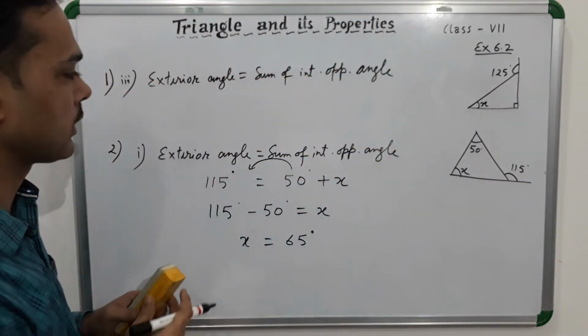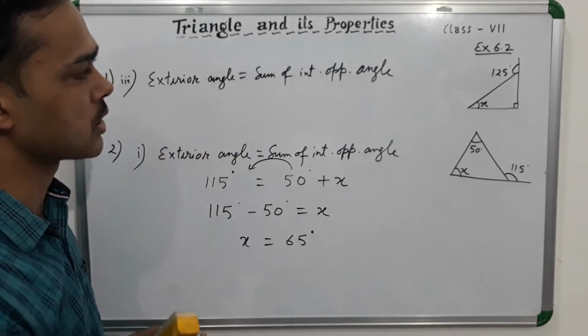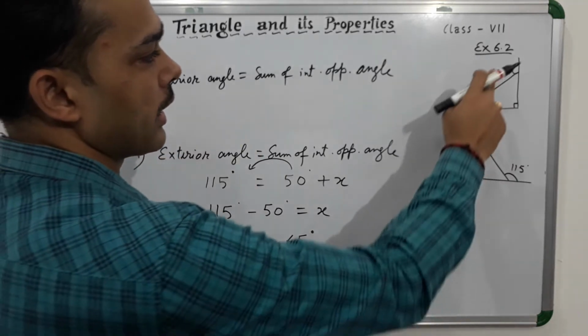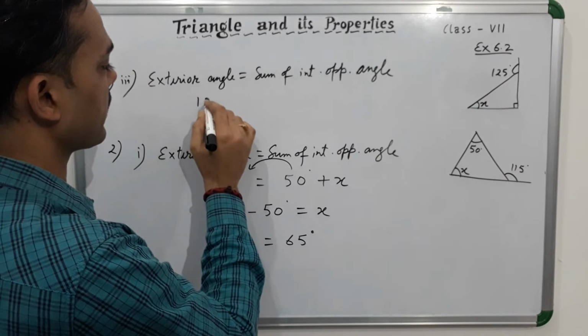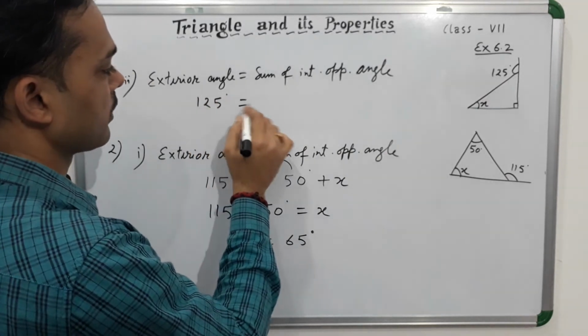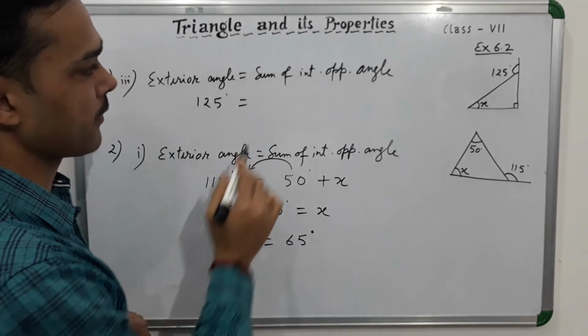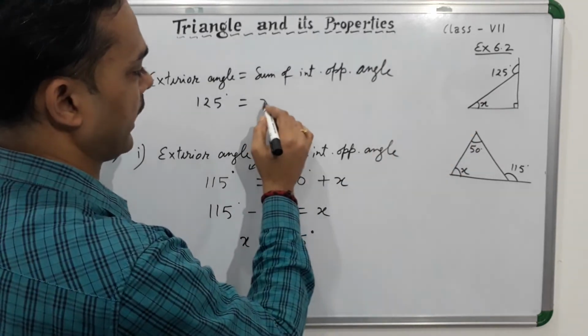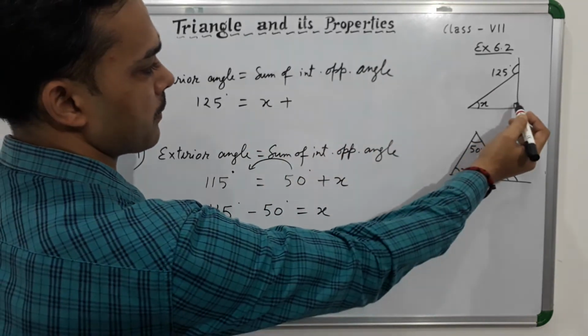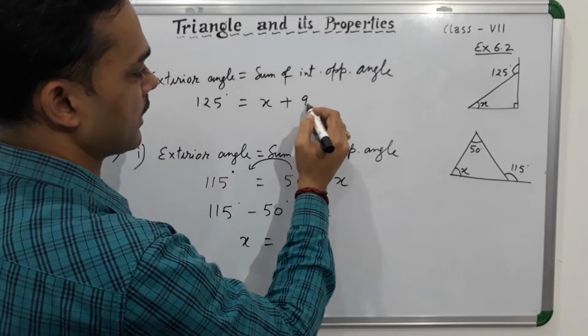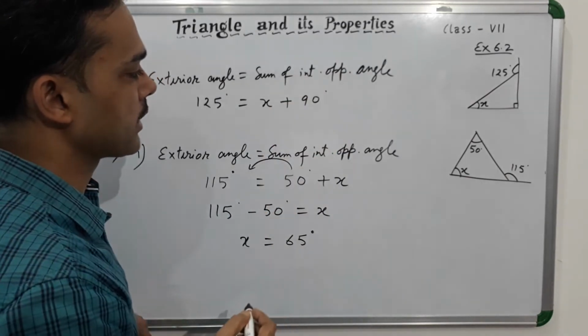Now, as you know, the exterior angle is equal to the sum of interior opposite angles. The exterior angle over here is 125 degrees, equal to the sum of the interior opposite angles. So x plus 90 degrees, where this symbol tells you it is a right angle.